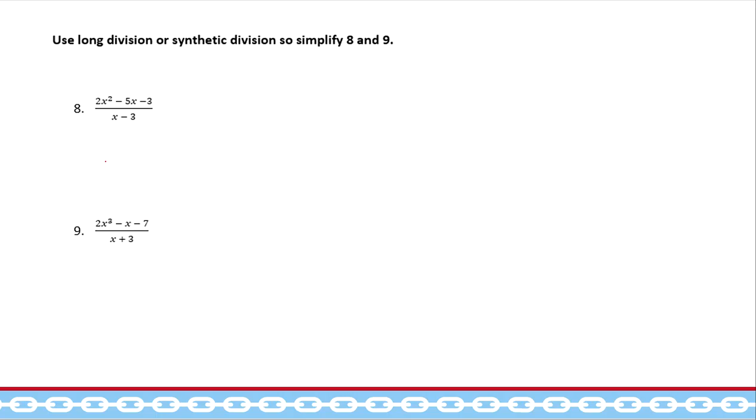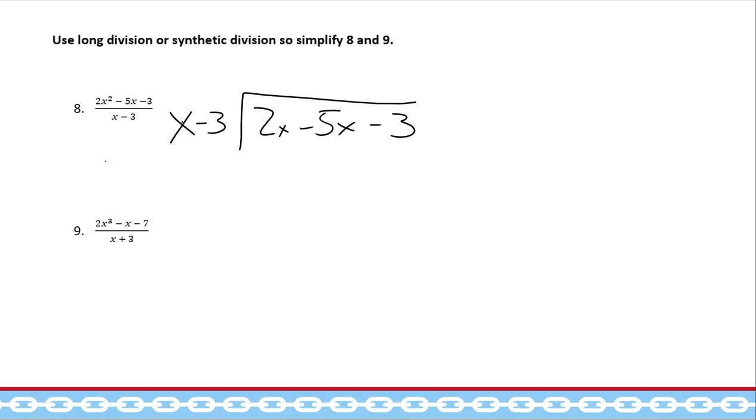So I'm going to model one of these with long division, and I'll model one of these with synthetic. Let's do long division for number 8. So I'm going to start by writing the problem in the form that I need it. Right, so my divisor, x minus 3 out here. 2x squared minus 5x minus 3 goes underneath that bracket.